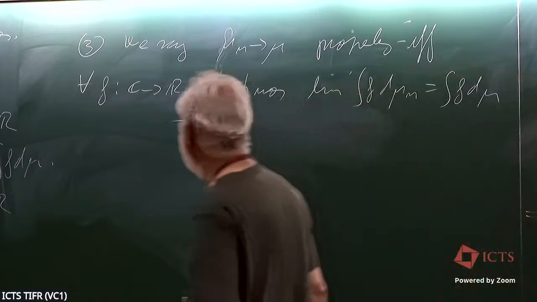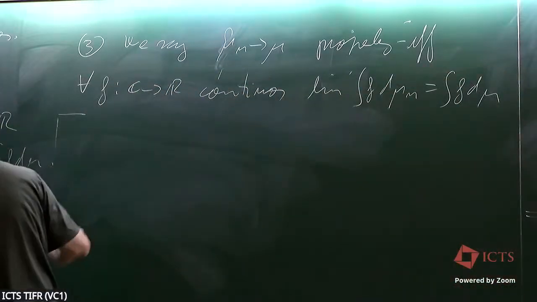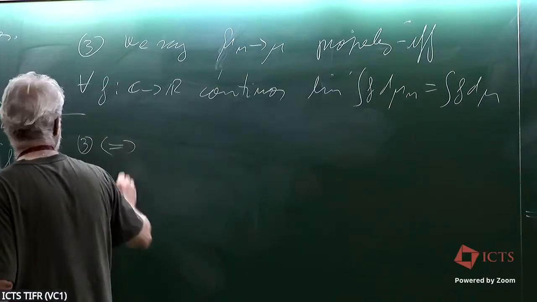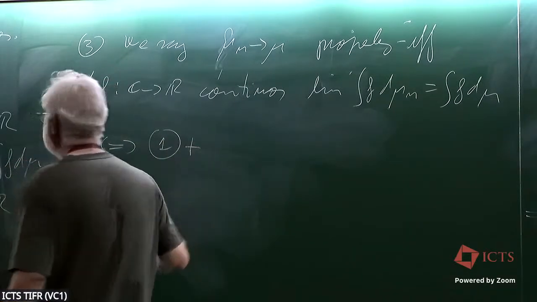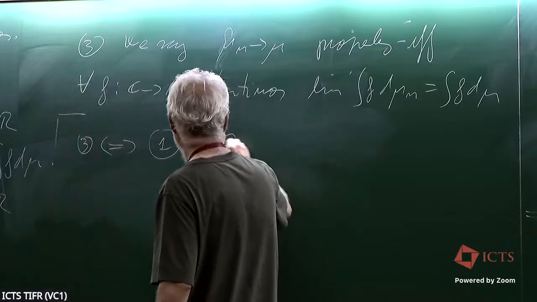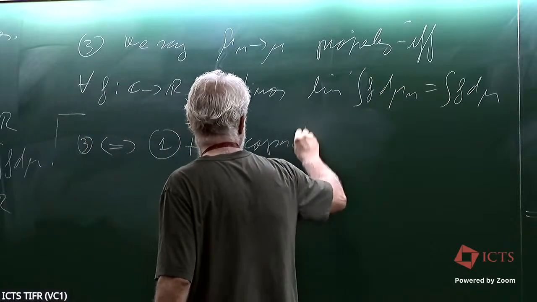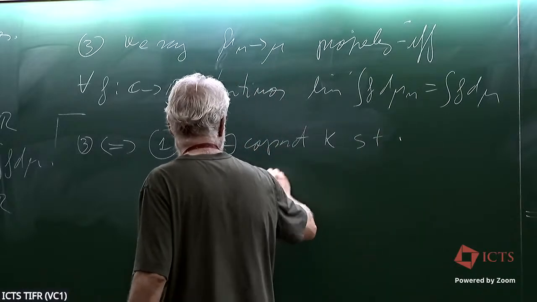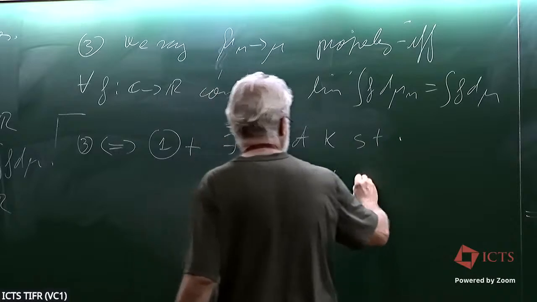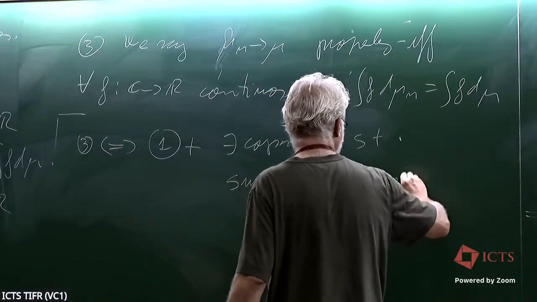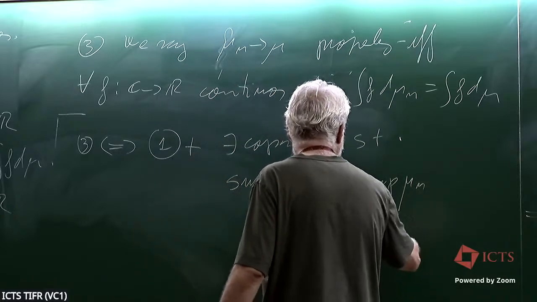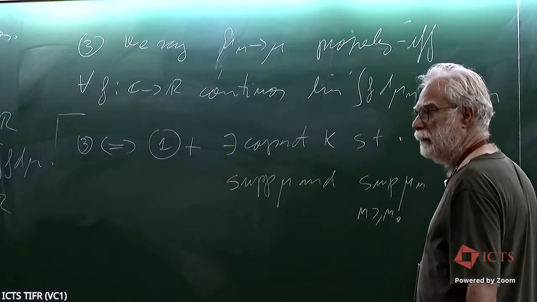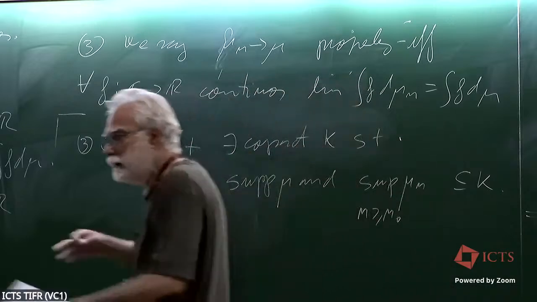And now, going to the question of Jacques, 3 is equivalent to 1 plus the fact that there exists a compact K such that the support of mu and the support of mu n for all n bigger or equal than a threshold n0 are all contained in K. This is the typical convergence for things with compact support.